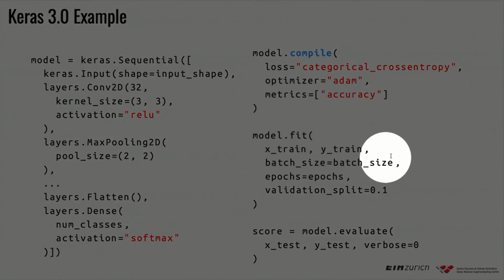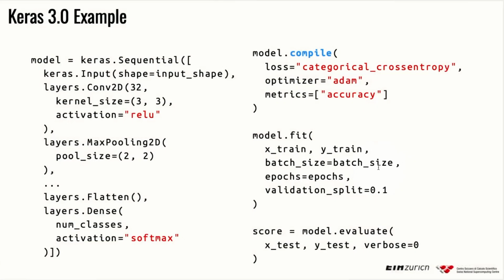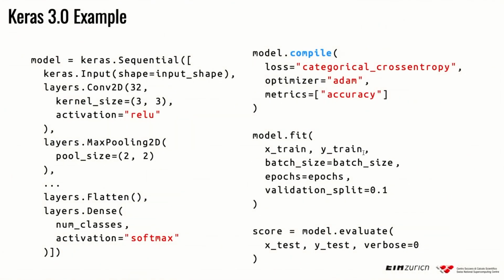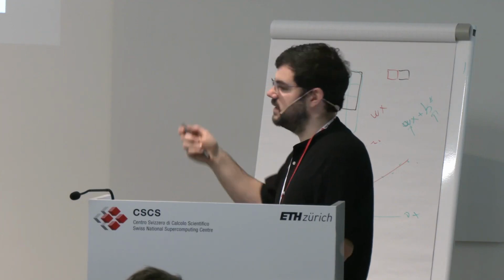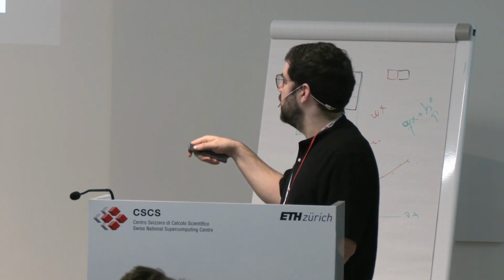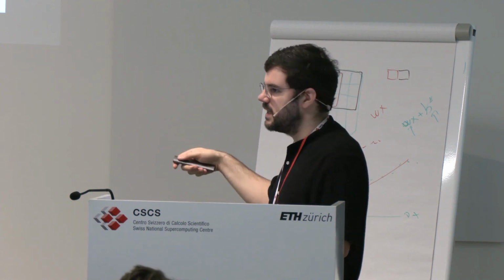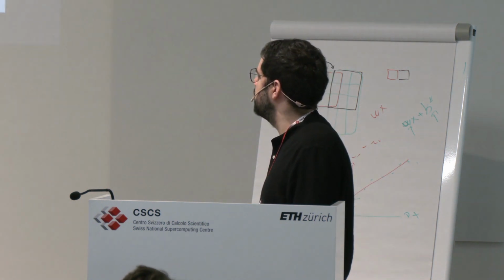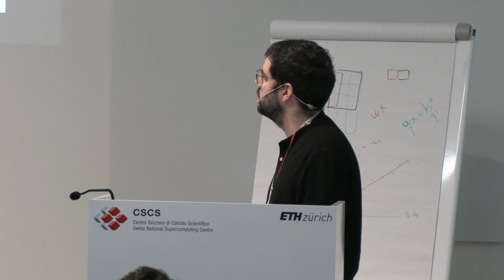You pass your training data, batch size, epochs, validation split. So this is also very interesting. It does the validation split automatically, so you don't have to implement it yourself as we did yesterday with the random subsampler and scikit-learn. Everything is inside here, and evaluation of the model on the test set can also be done really quickly.